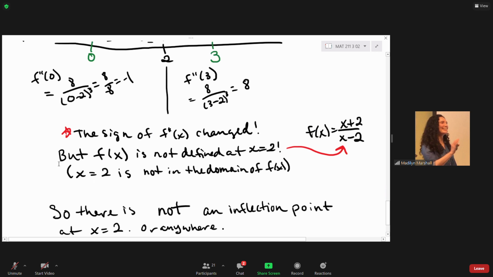So that function just doesn't have any inflection points, and that's a thing that can happen as well.